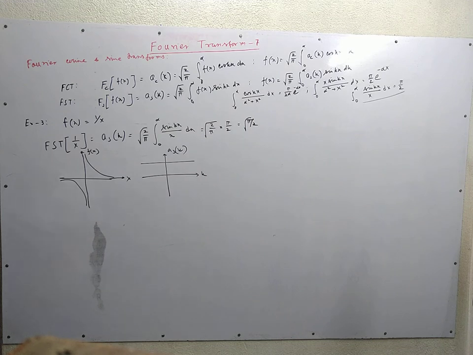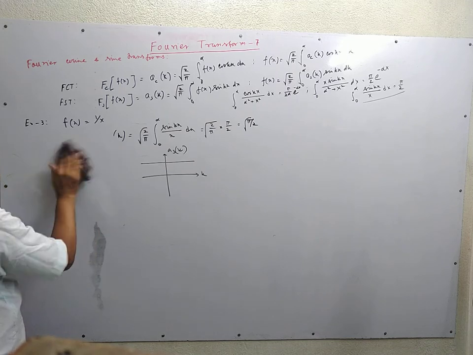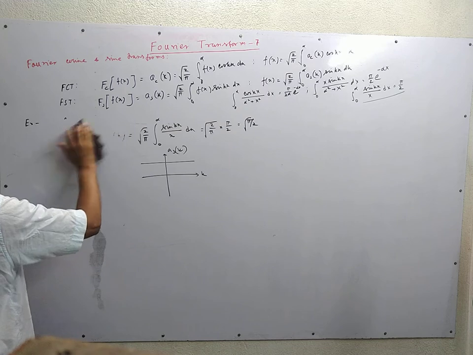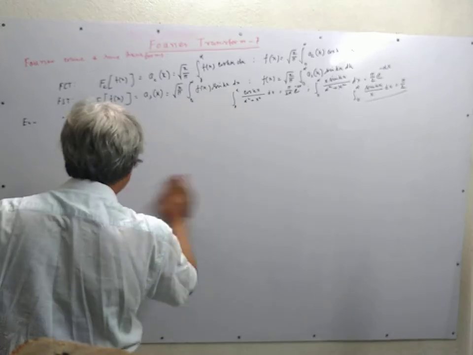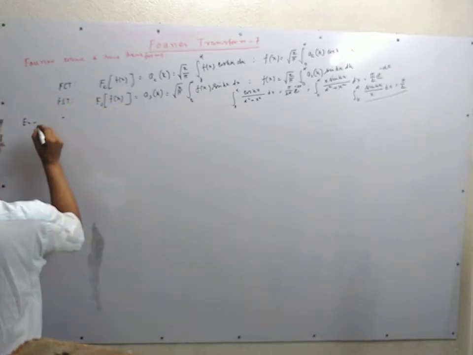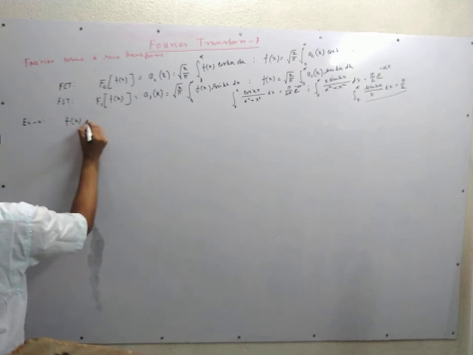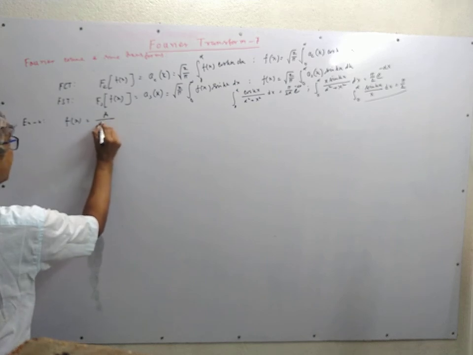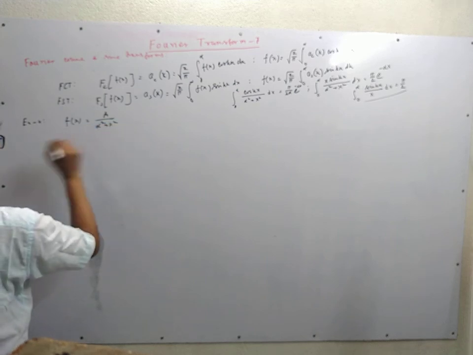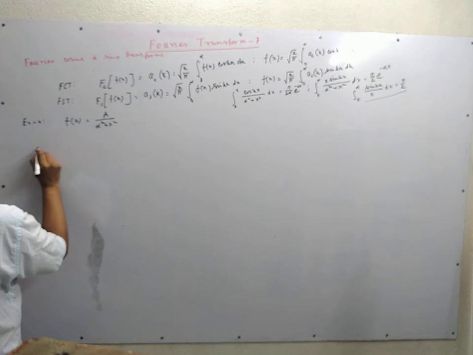Now come to the fourth example. As the fourth example, we consider the Lorentzian function. This function is commonly known as the Lorentzian function. F of x is equal to a upon alpha square plus x square, and we want to calculate its cosine transform.